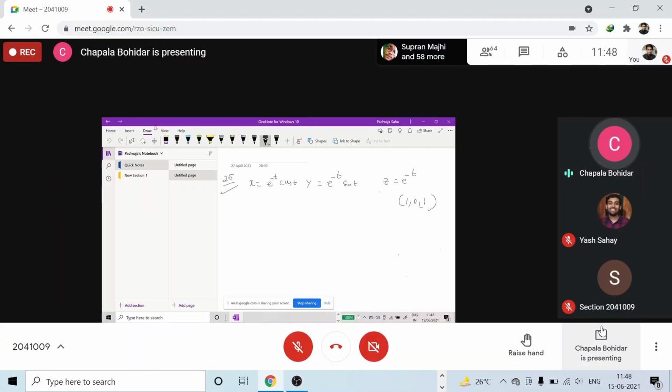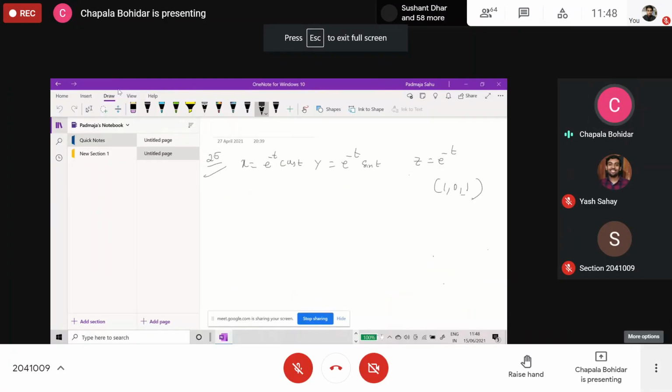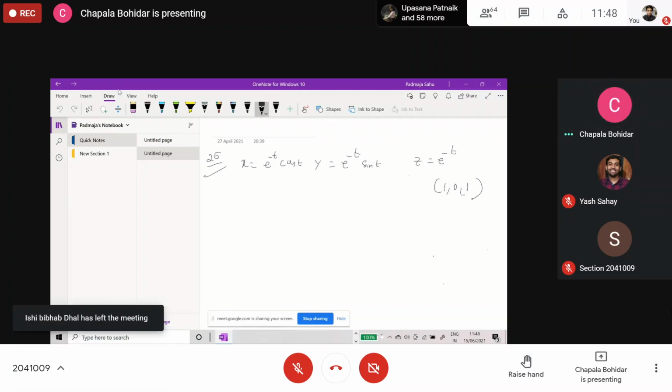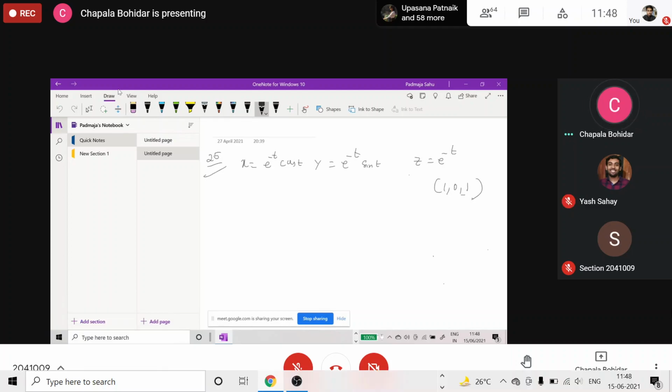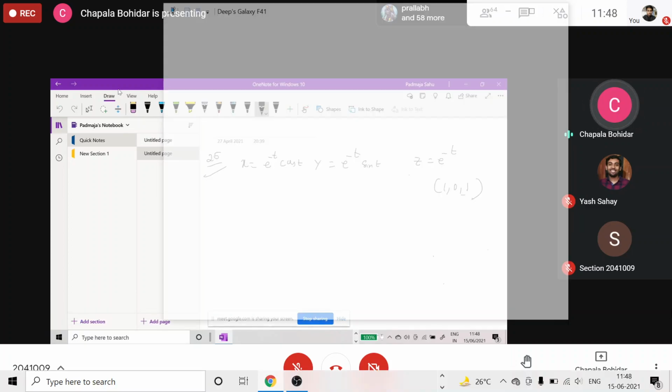I already explained that part. x dot y double dot minus y dot x double dot, because we are differentiating with respect to t. In your book, dx by dt is written as x dot, dy by dt is written as y dot. Clear? So x double dot is d square x by dt square.